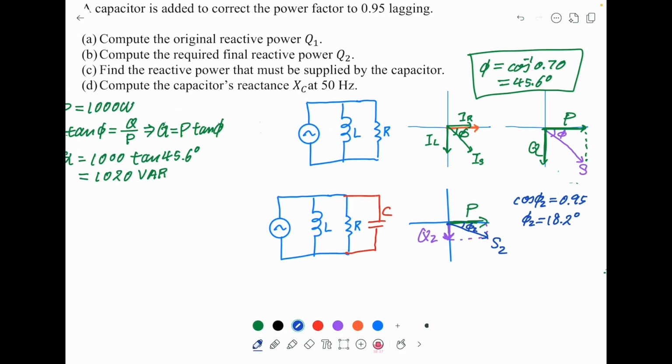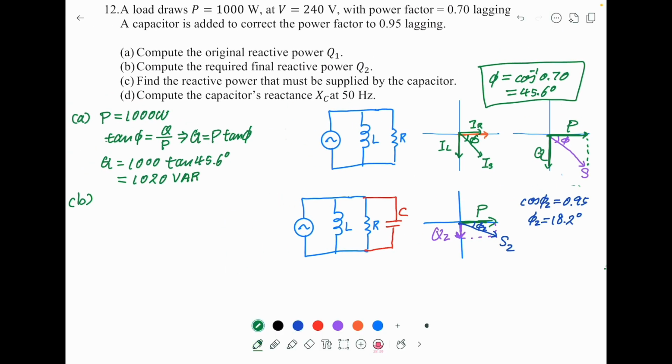Now again we can use trigonometry: tangent of the new angle equals Q2 over P. So Q2 equals 1000 times tangent 18.2 degrees, and you will find this becomes 328 VAR.